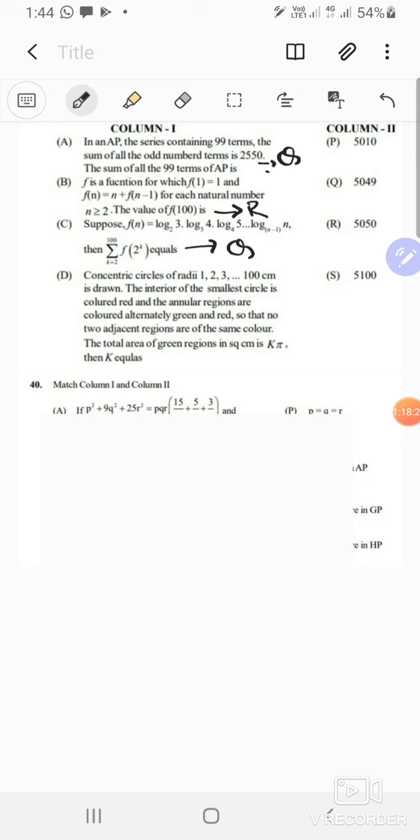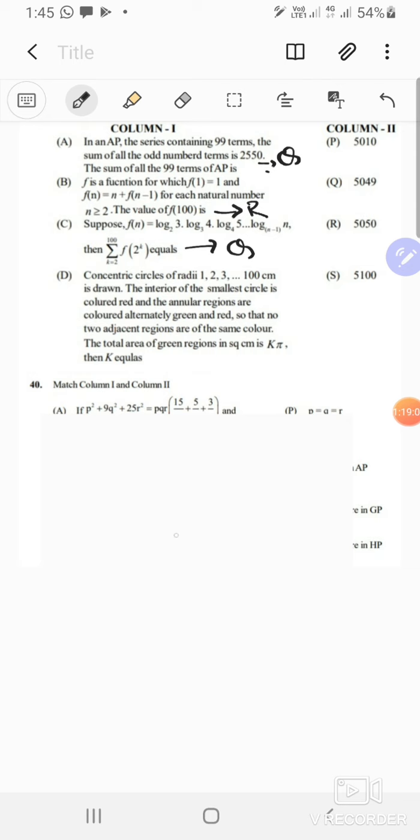The total area of green regions in square centimeters is k pi, then k equals. What does that mean? Why am I doing all this stuff?